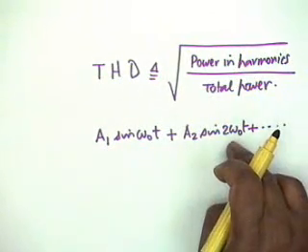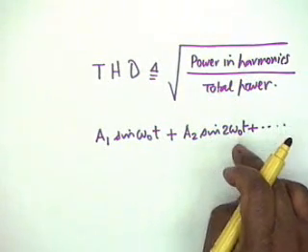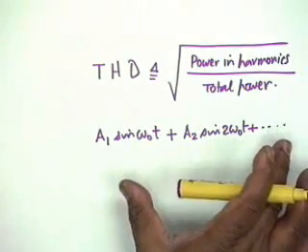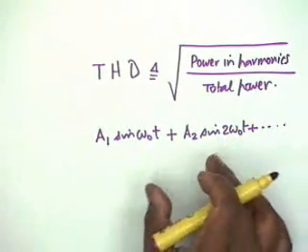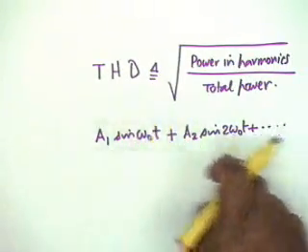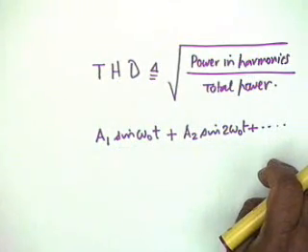Harmonics means frequencies are integral multiples of the fundamental frequency, and therefore if this current flows through a load, the power would be the square of this multiplied by the load RL.